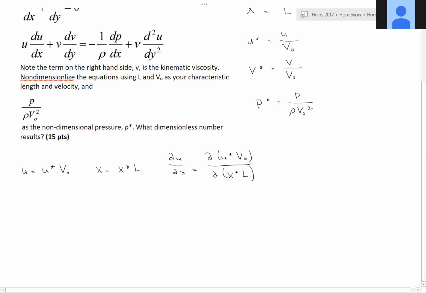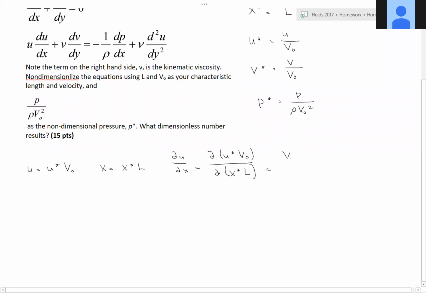What should this look like? Yeah, so this is equal to V naught over L du star dx star. And that's what you're going to do for every one of them.